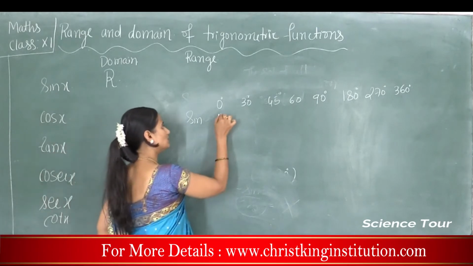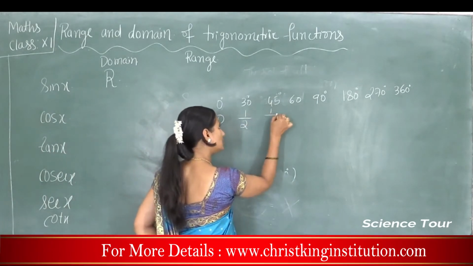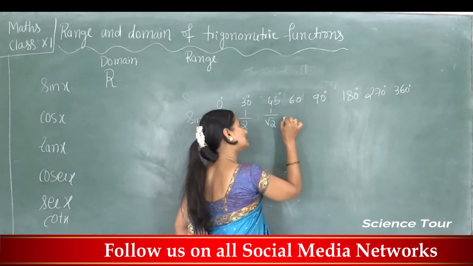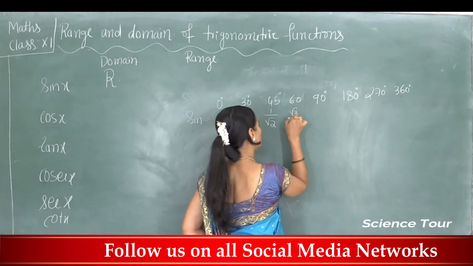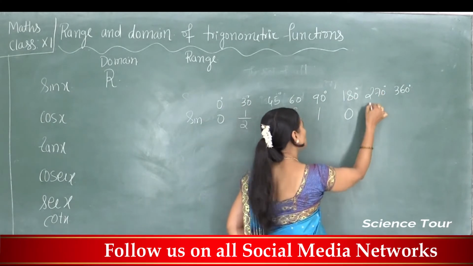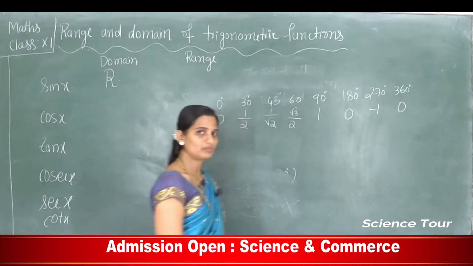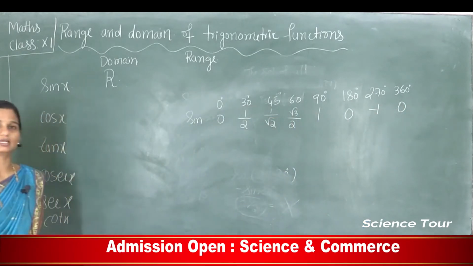Now sine 0 is 0. Sine 30 is 1 by 2. Sine 45 is 1 by root 2. Sine 60 is root 3 by 2. Sine 90 is 1. Sine 180 is 0. Sine 270 is minus 1. Sine 360 is 0. Right? Yes, these are the values.